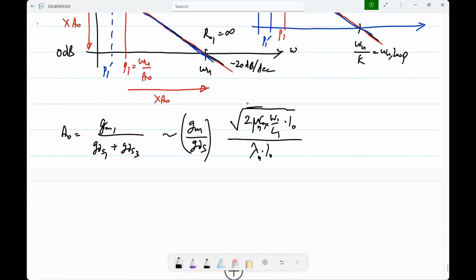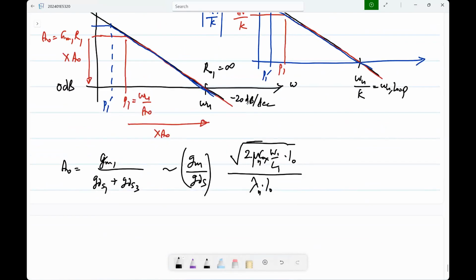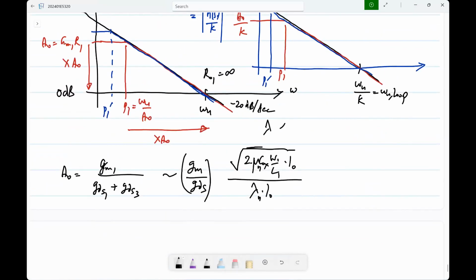And lambda itself is inversely proportional to L, right? So how do you increase this? You can increase this by increasing the length of the transistors.